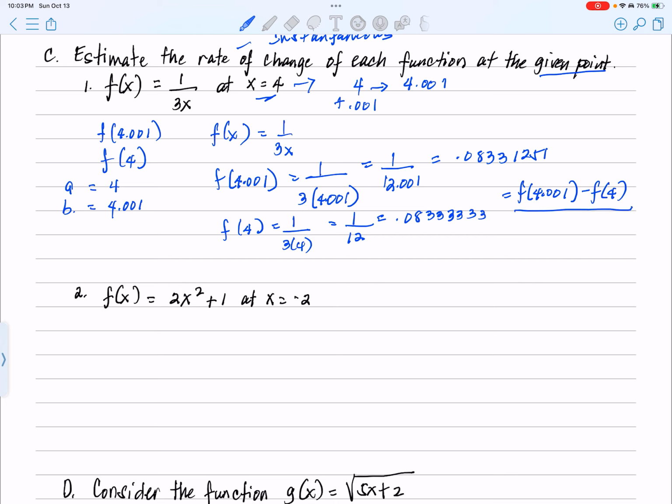This is the B, this is the A. So I should have 4.001 minus 4. Okay, B minus A right here. So that means you're going to have 0.08331251.